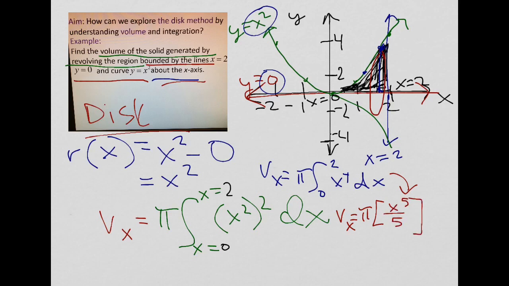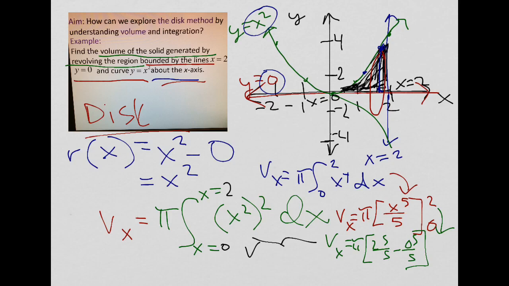And we're going to plug in 2 and 0. Subtract. And so we end up with our answer. We end up with the volume being 32 pi over 5. Okay? And that's that, just by the disk method.